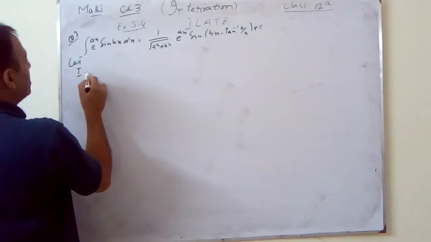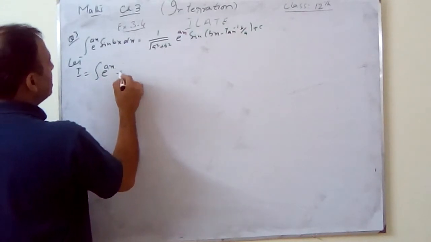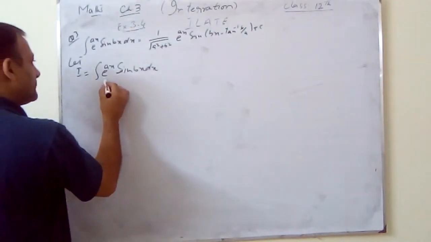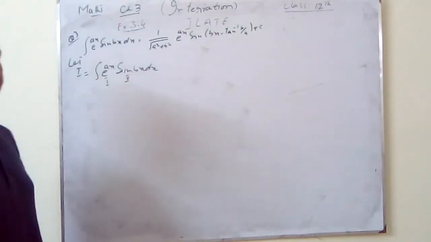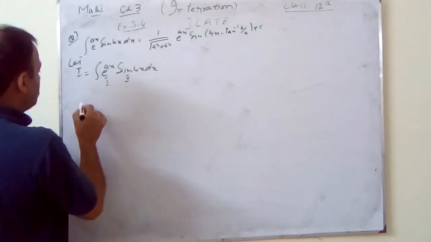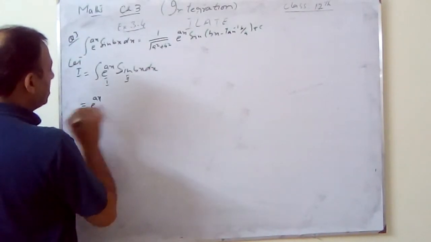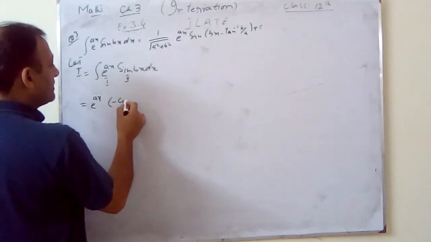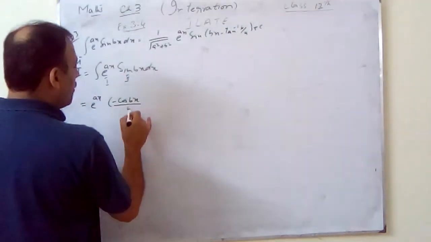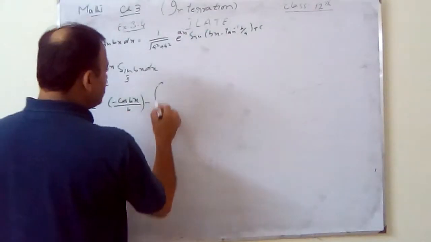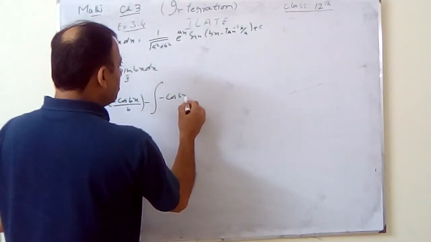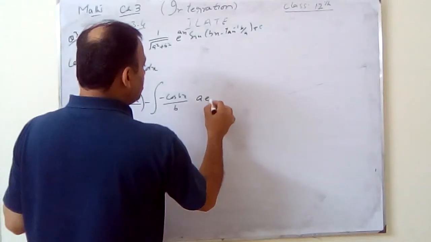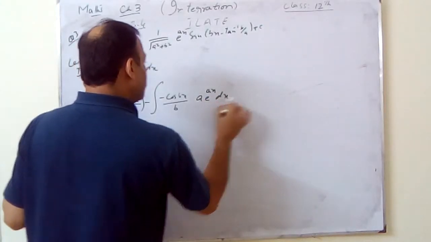Let I is equal to the integral of e power ax sin bx dx. This is the first function, this is the second function. So first function times the integral of second, which is minus cos bx over b, minus the integral of minus cos bx over b times the derivative of the first, a e power ax dx.